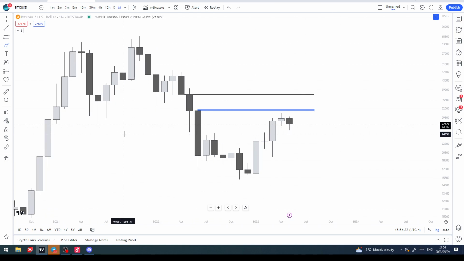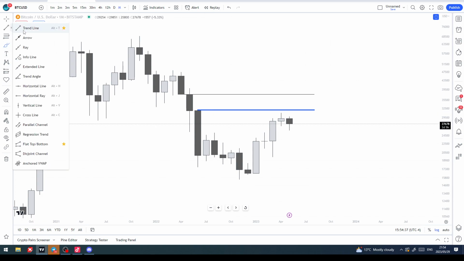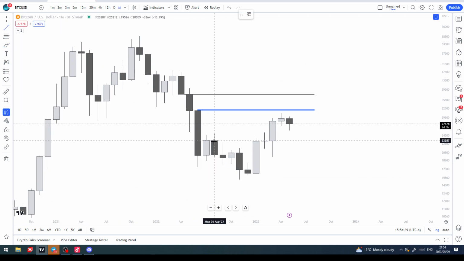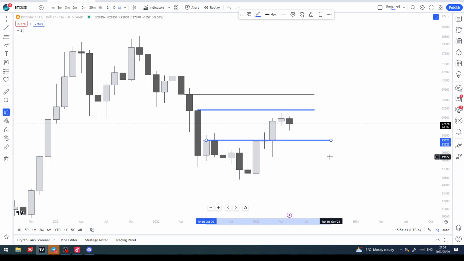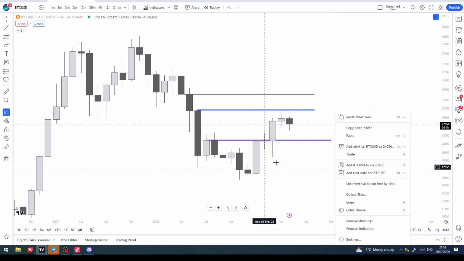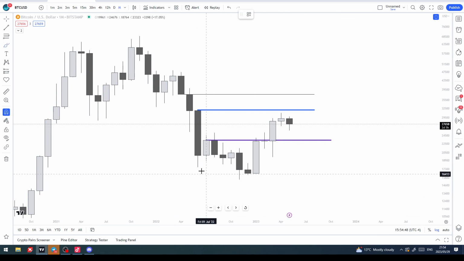We are looking for them to, if they really wanted, right, on a monthly, let's look at it this way. We'll make it purple. Now, everything below it balanced, everything above it not balanced, right?